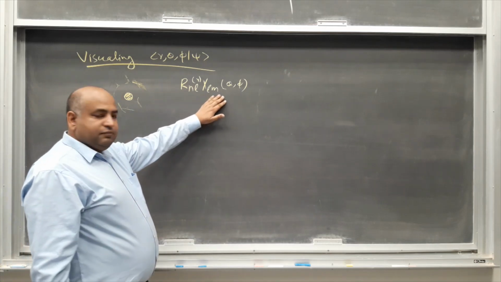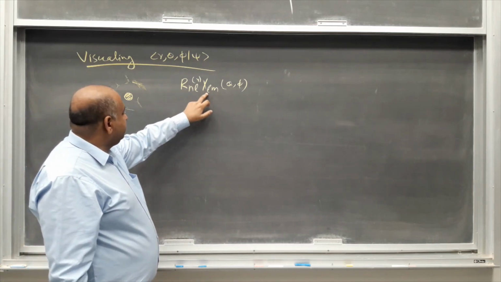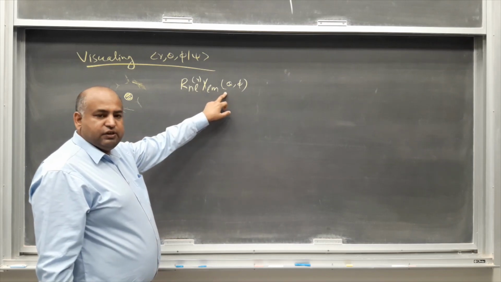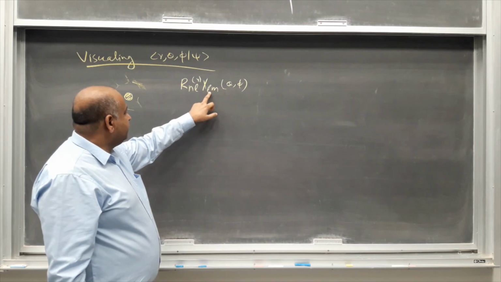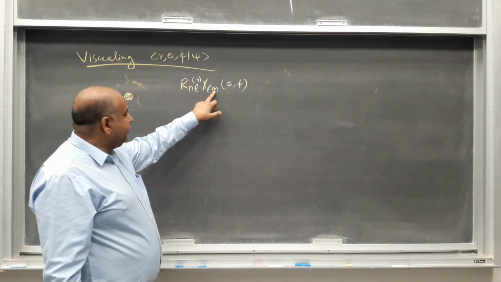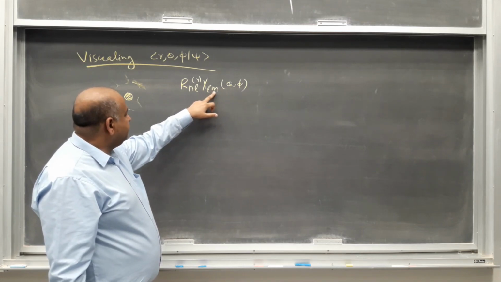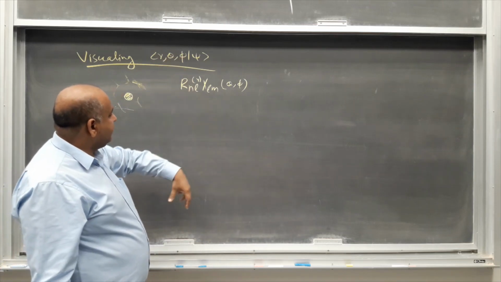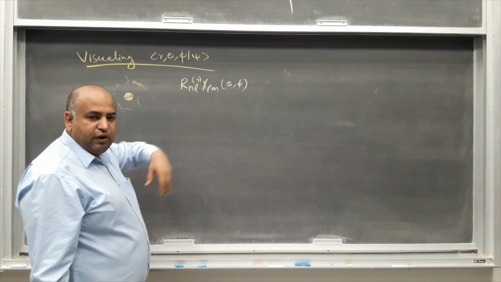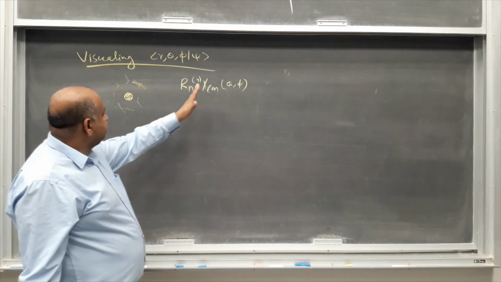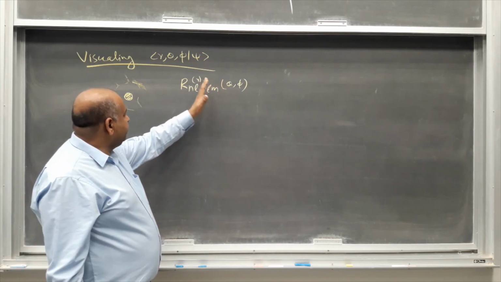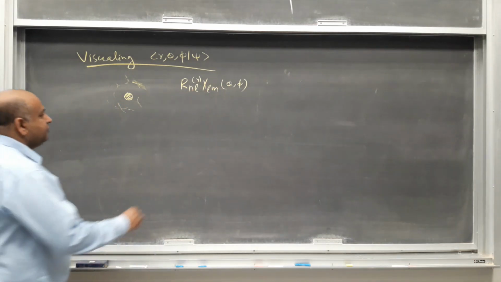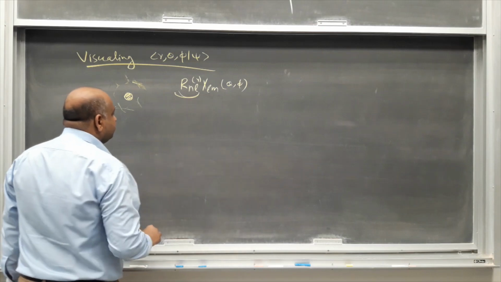For Y_lm, we have already seen that, for example, for L equal to 0, it's a spherically symmetric solution, the s orbital. For L equal to 1, there were 3 possibilities for 3 values of m, and we can find linear combinations to have 3 orbitals, one along the z-axis, one along the x-axis, one along the y-axis, and so on. But right now, neglecting that and focusing on r, let's see how we interpret this radial function R.